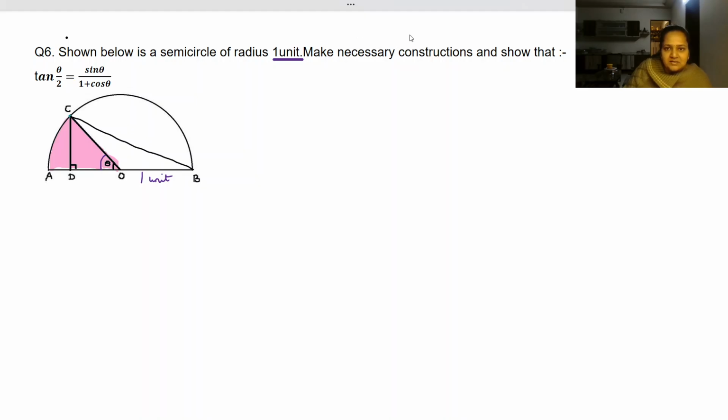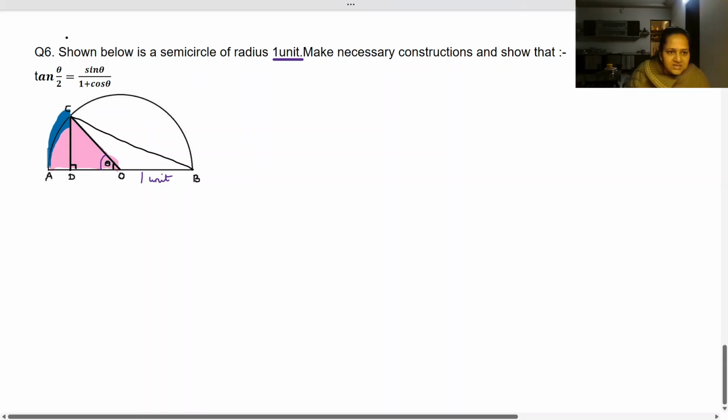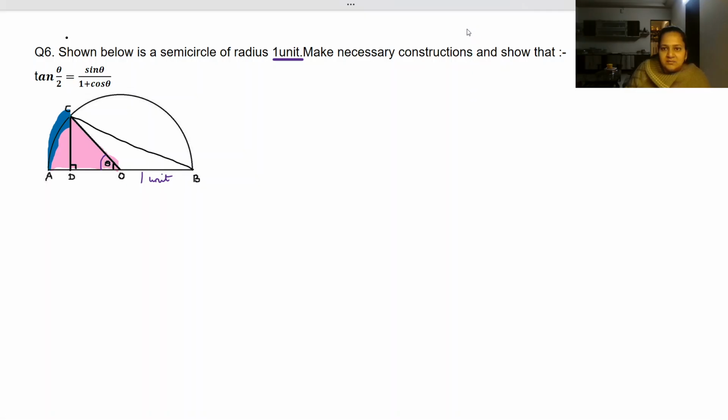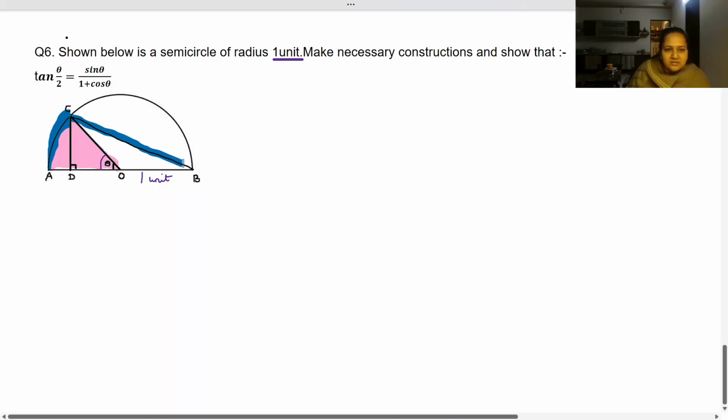The same arc, the arc AC, is subtending another angle. But where? At a point on the circle.